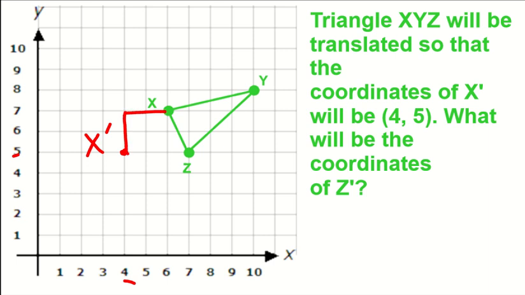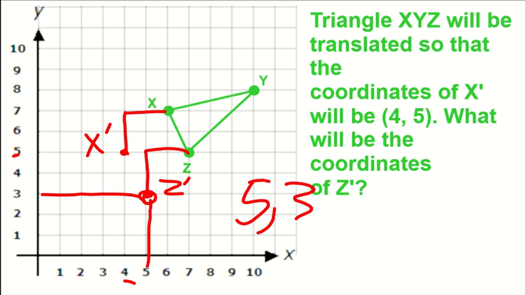Everybody see? So guess what? If Z goes left 2, down 2, that's going to put Z prime right there. X value comes first, Y value second. That'd be our answer. Okay?